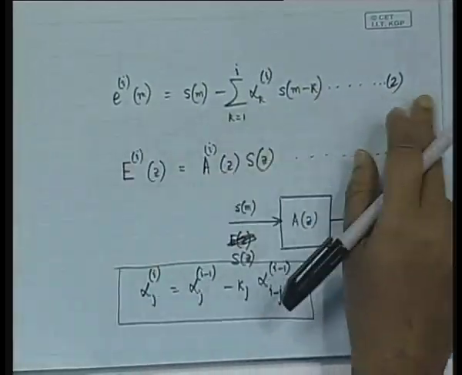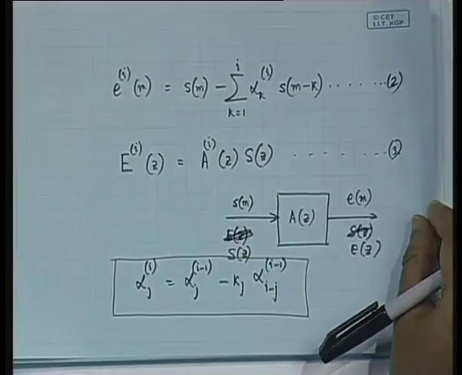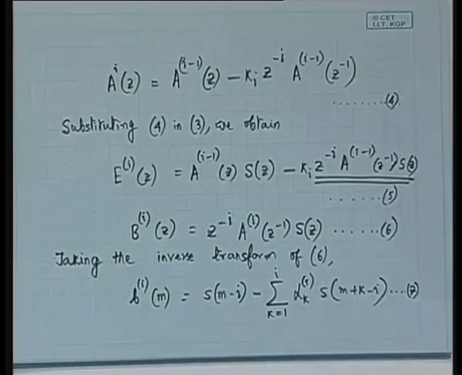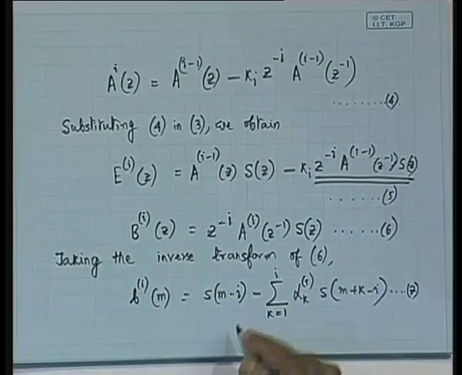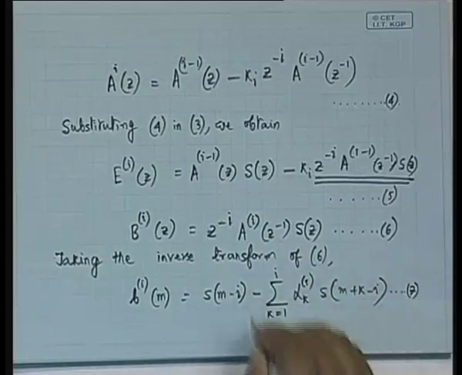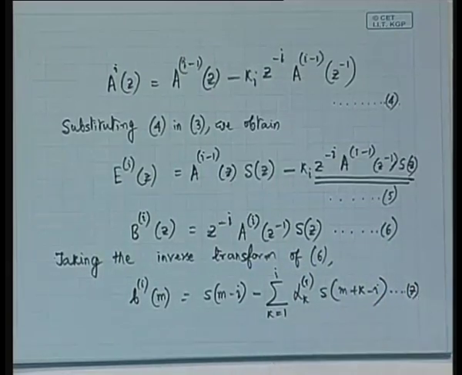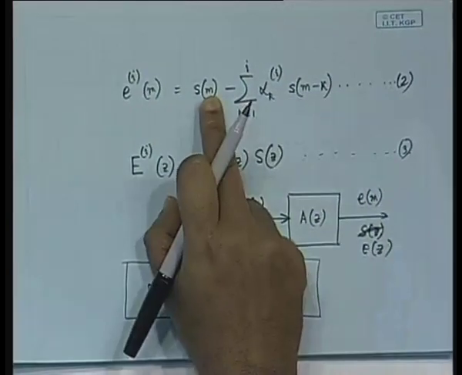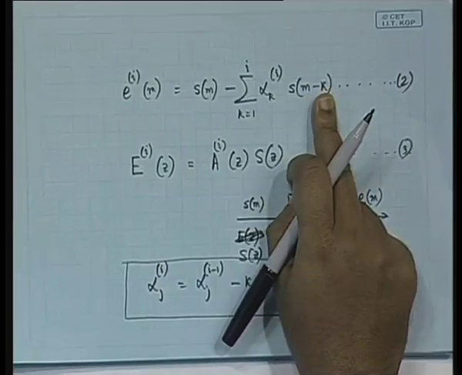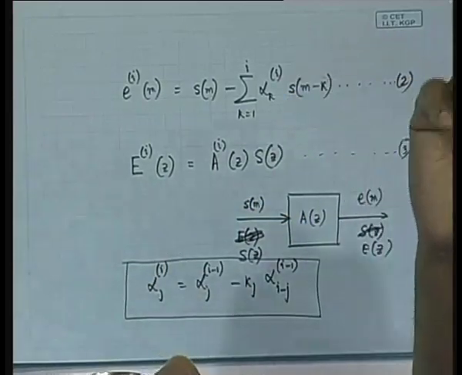Both are quite similar expressions: there is an s term and a prediction term, summation k = 1 to i alpha_k, those things remain the same. Only thing is that there the predictions use s(m-k), the samples used for prediction, and k is a positive quantity.